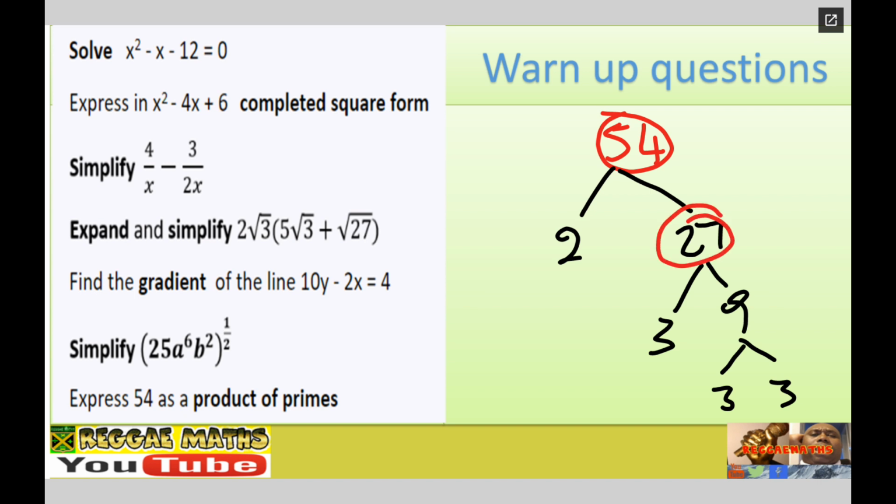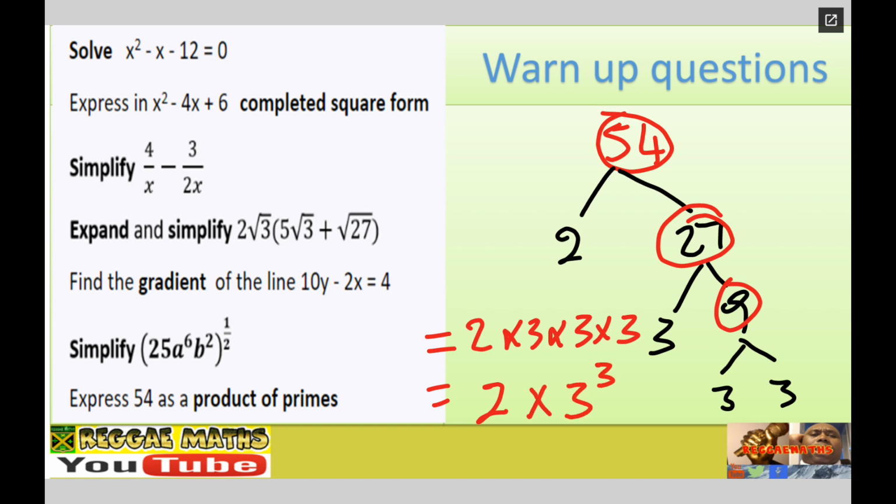So product of its primes, the word product means times. So if I write this out, you got 2 times 3 times 3 times 3. It's 2 times 3 to the power of 3.